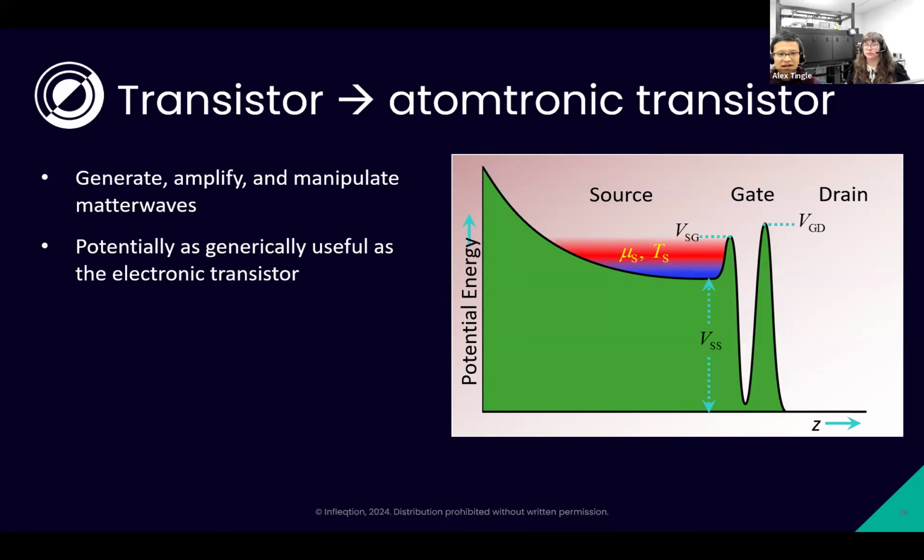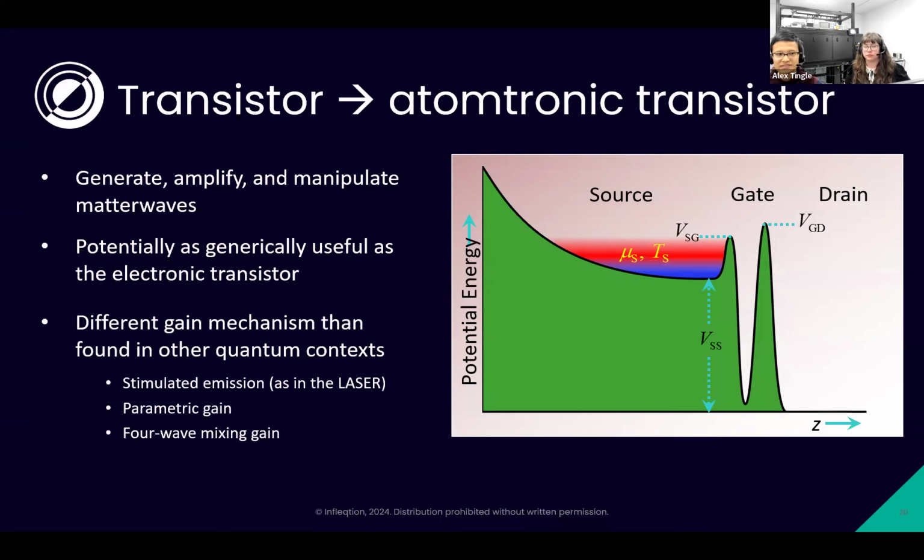The Atomtronic transistor provides an entirely different gain mechanism than found in other quantum contexts, including stimulated emission, such as the one you see in lasers, parametric gain, and four-wave mixing gain. Therefore, the quantum Atomtronic transistor could enable a true matter wave analog to the laser.